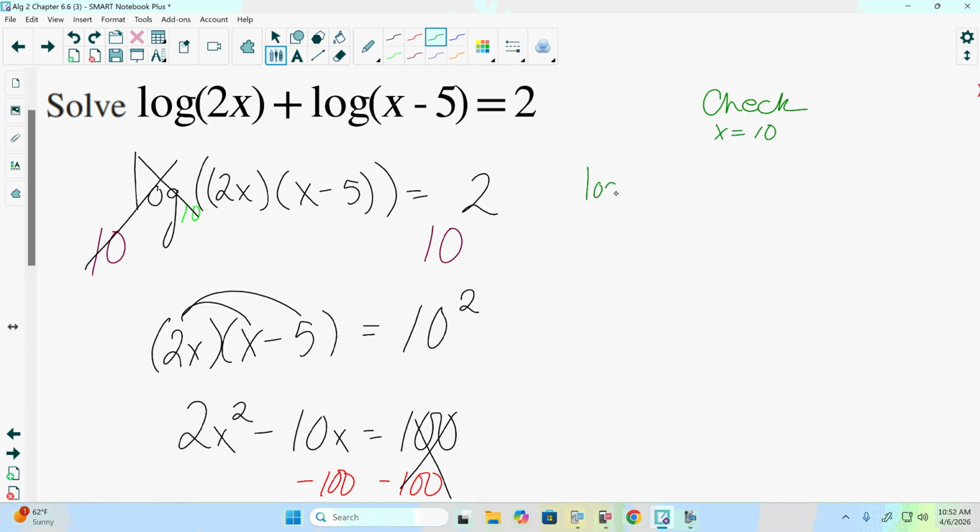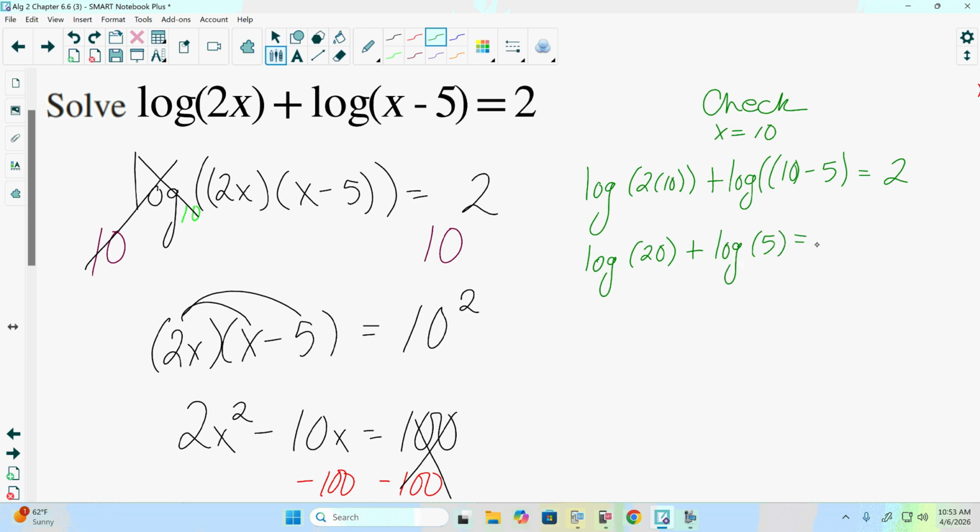So we're going to have log of 2 times 10 plus log of 10 minus 5, and it's supposed to equal 2. Log of 2 times 10, that's log of 20, plus log of 5.